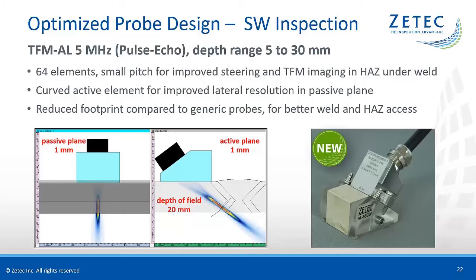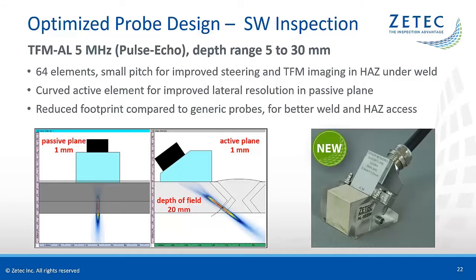For shear wave inspection of the heat-affected zone in welded components with wall thickness around 1 inch, ZTEC designed the TFM AL 5 MHz probe. It has 64 elements and a very small pitch for improved steering with beamforming phased array and improved TFM imaging.